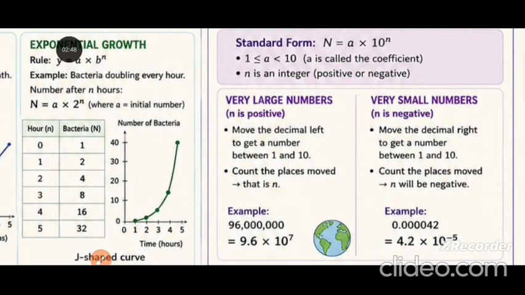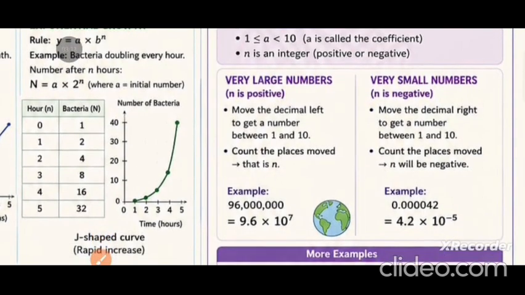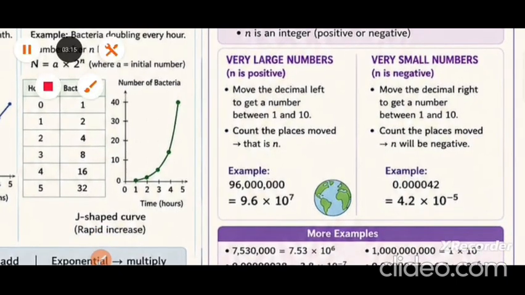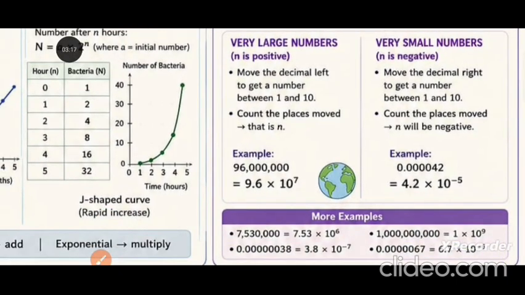So, for very large number, move the decimal left to get the number between 1 and 10. Count the places moved, that is n, as it is given 96 with 6 zeros. So now we have to move the decimal to get a number between 1 to 10, to the left side.